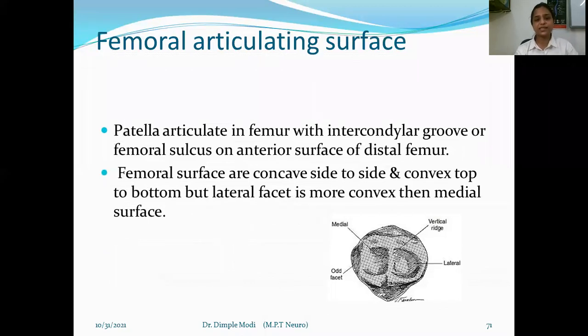This is the femoral articulating surface. The patella articulates in the femur with the intercondylar sulcus on the surface of the distal femur. Femoral surfaces are concave side to side and convex top to bottom.